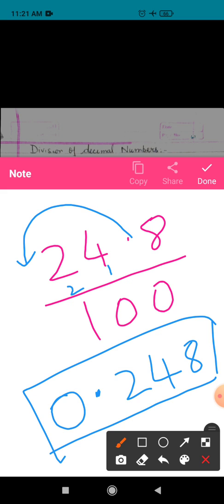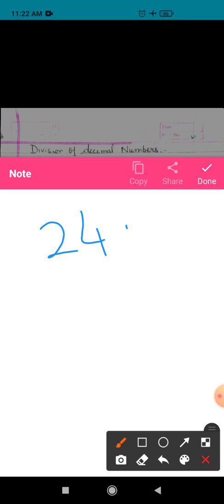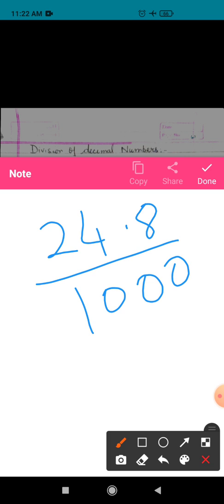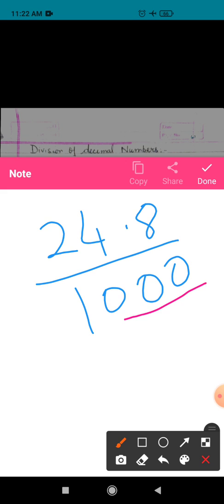Now the same number we are dividing by 1000. 24.8 divided by 1000. What do you see? There are 3 zeros. It means the decimal will move 3 steps to the left.